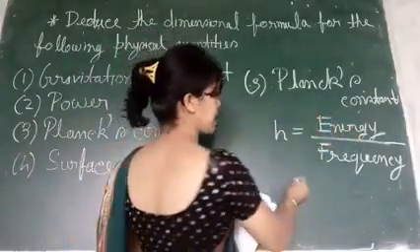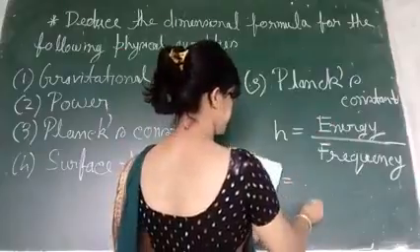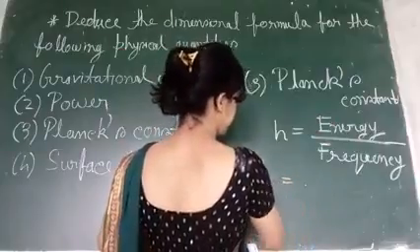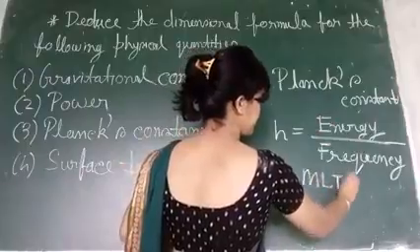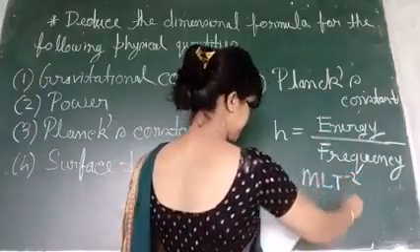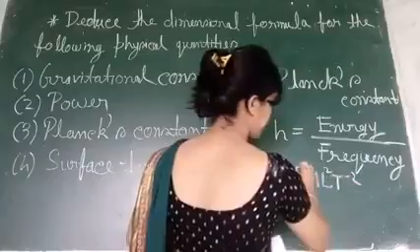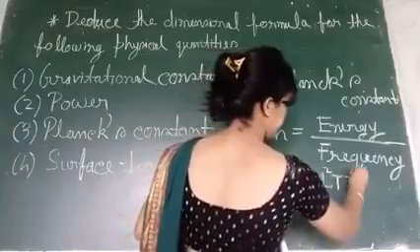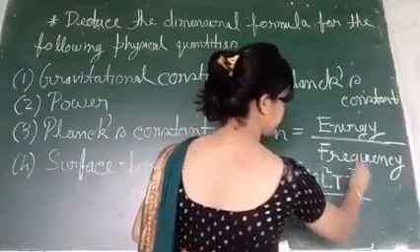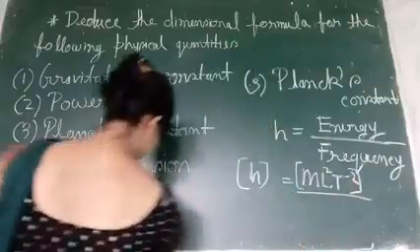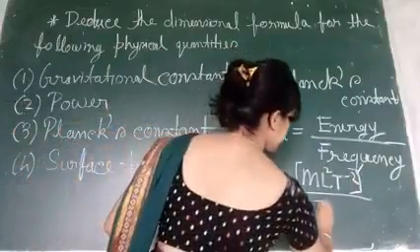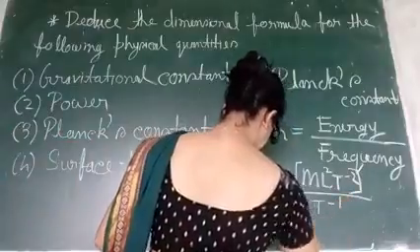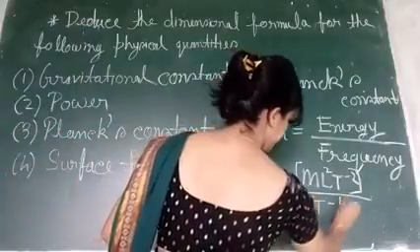That means the dimensional formula for energy is M L T to the power minus 2, into displacement L, so M L square, and frequency. For frequency, the dimensional formula will be T to the power minus 1.